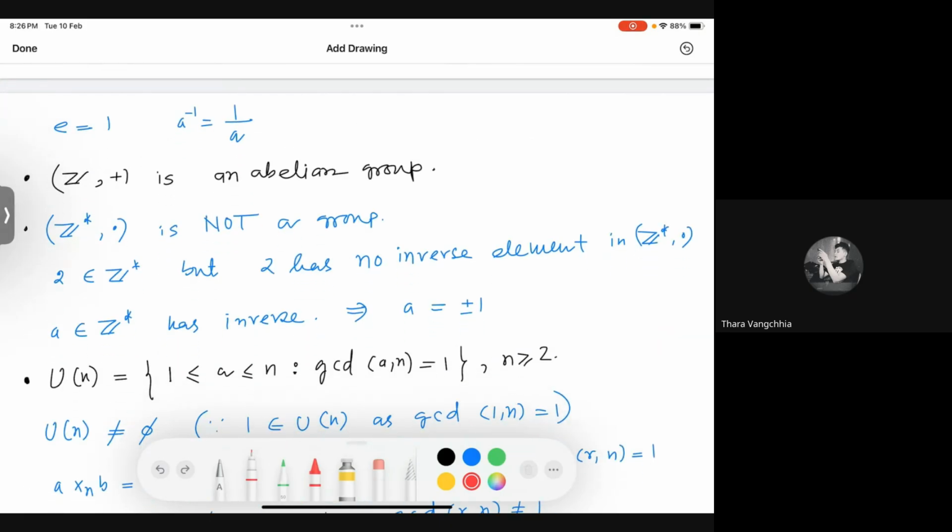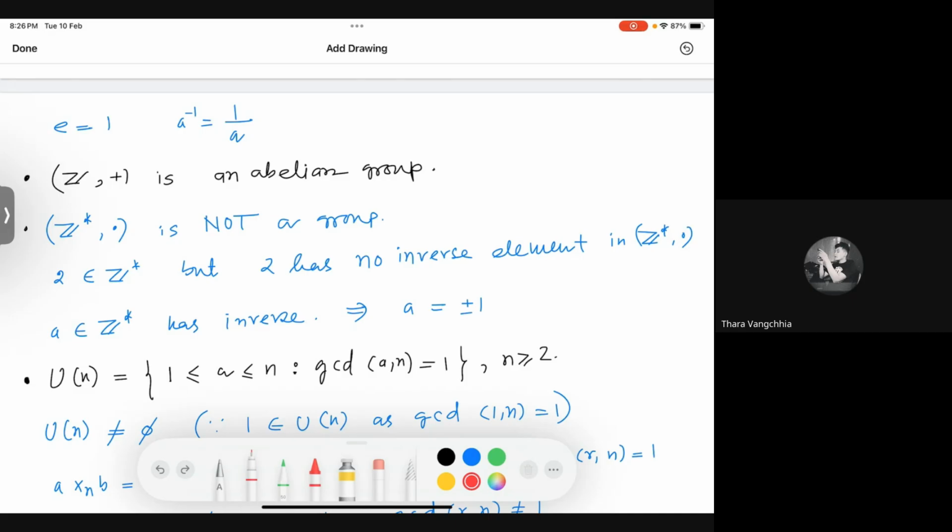But observe one thing. Z star comma dot is not a group. Why? Because 2 belongs to Z star, but the inverse of 2 does not belong to the set Z star, because half does not belong to the set Z star.